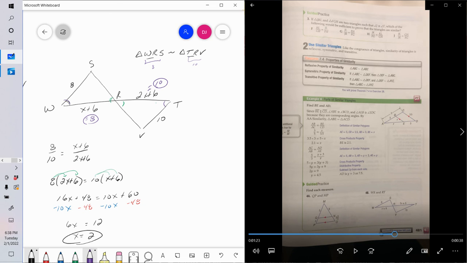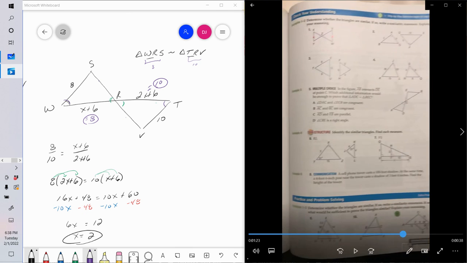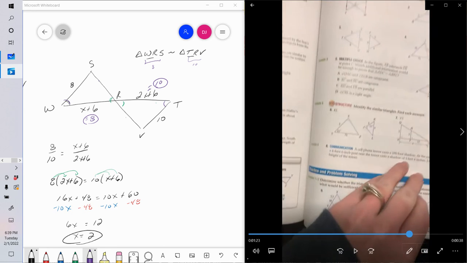There's not enough information here at this point, with your knowledge of geometry and what we've covered so far, to find SR and RV, but that will come later. So let's see what else we've got here. As I look through these pages, all of these things are going to be similar.